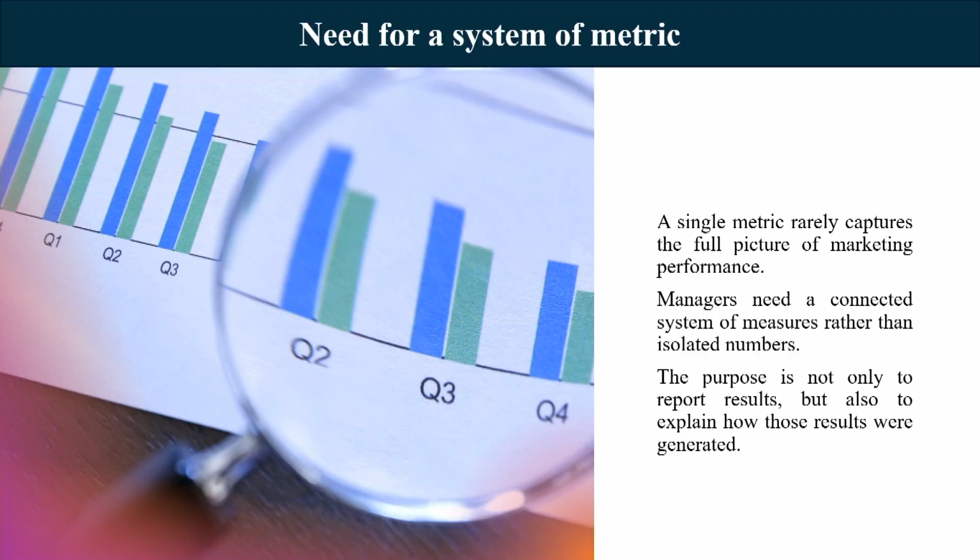Managers need a connected system of measures rather than isolated numbers. Isolated numbers do not make much sense in silo. They are only meaningful when the backdrop of the story is explained in terms of the associated metrics.